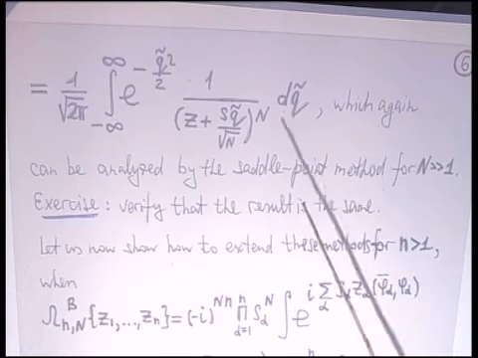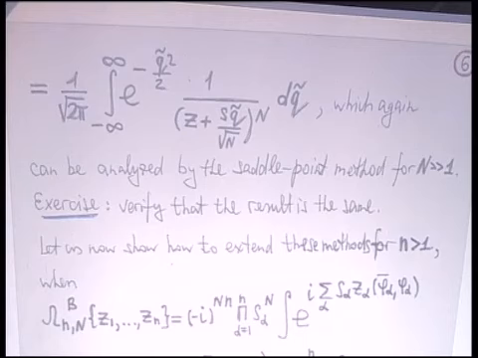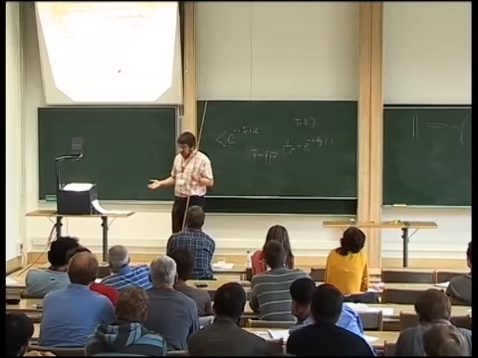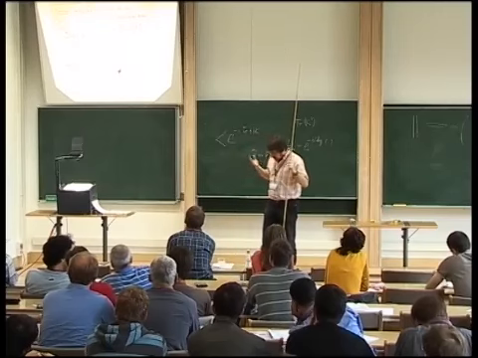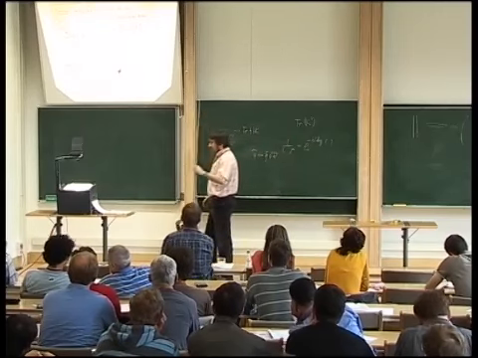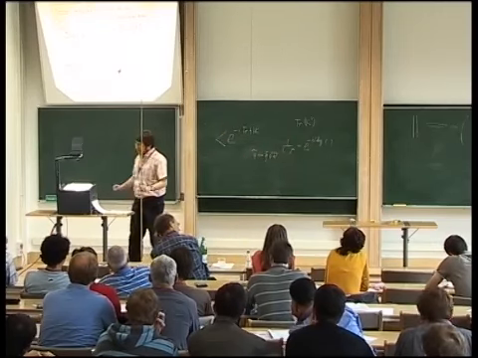Rescale q tilde appropriately, with square root of n, and you will see that your integral is again of the form which allows the saddle point method to be applied for analysis of its large n behavior.